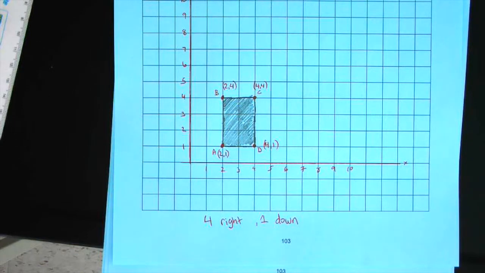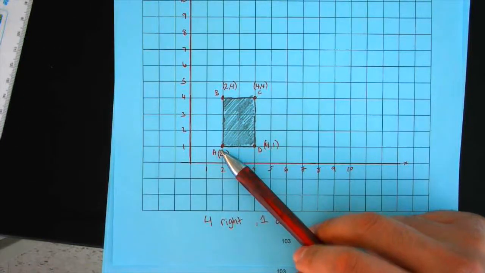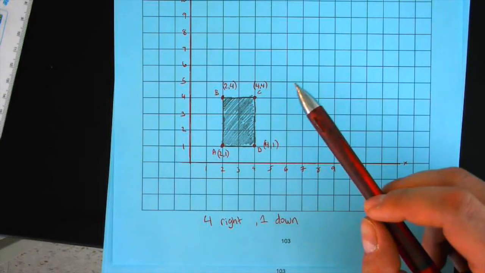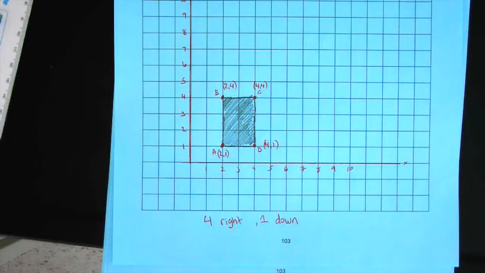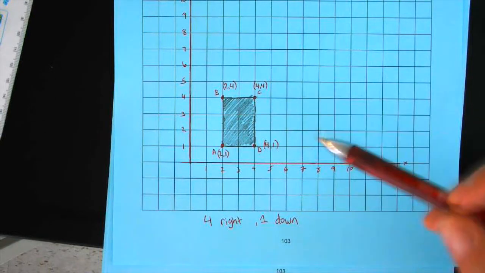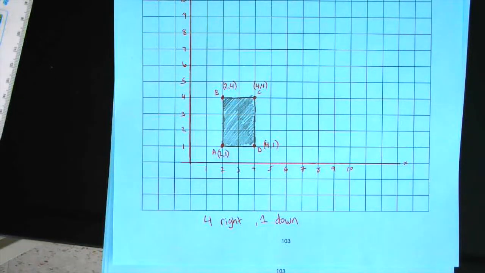So you were moving it 4 right, 1 down. Which point is it? This is where I'm confused. Which point would be the easiest one to start with?